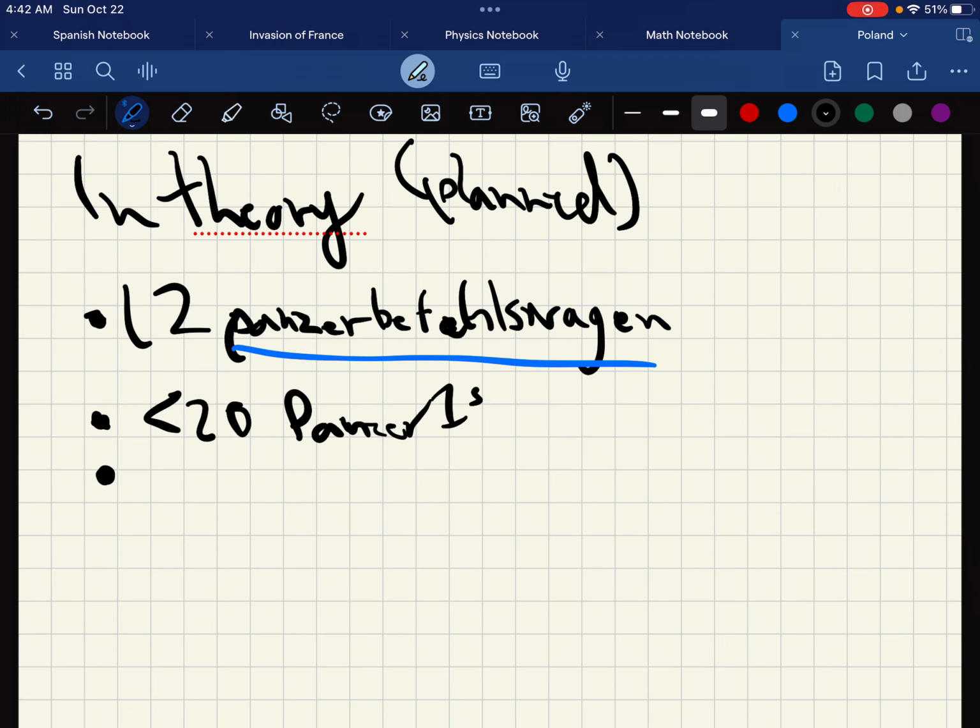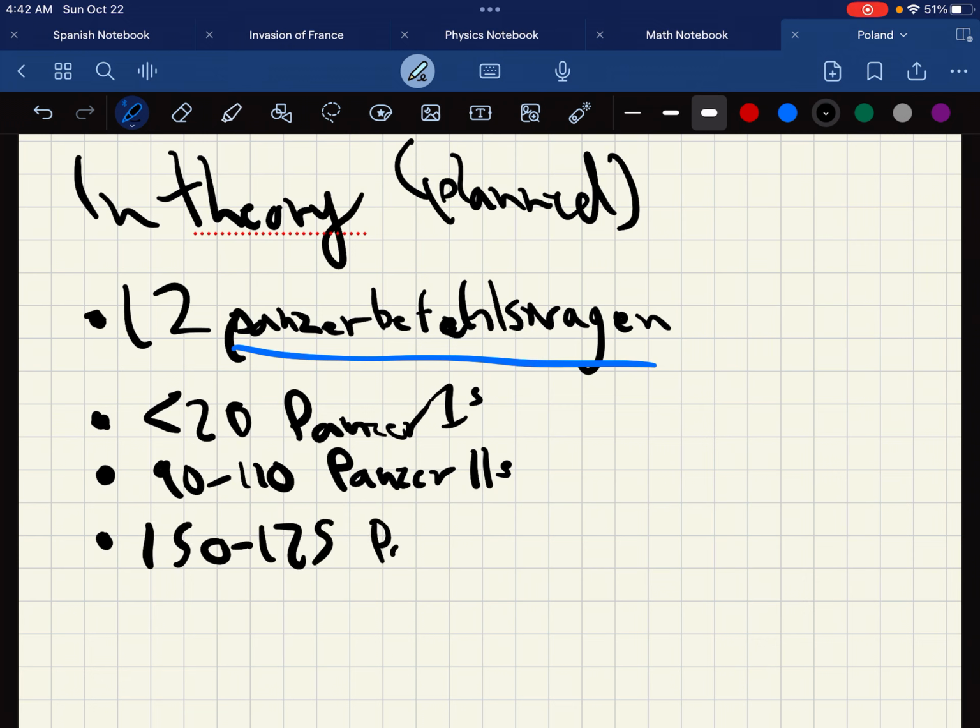They really wanted to minimize this, and then they wanted around 90 to 110 Panzer IIs, and then around 150 to 175 Panzer IIIs, which are a lot bigger tanks.